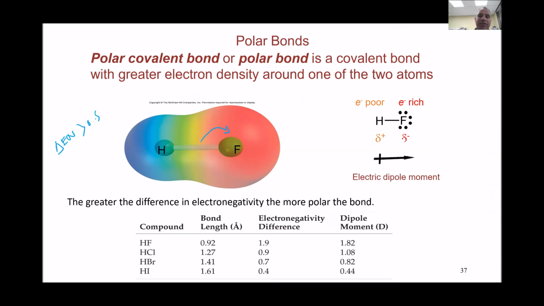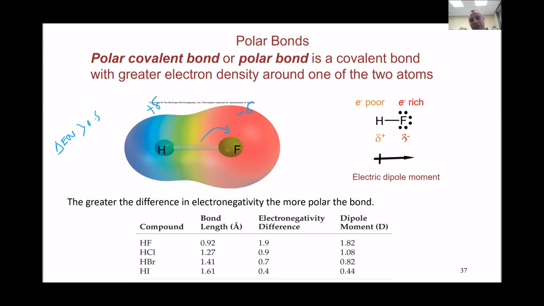And as a result, the more electronegative atom will be electron rich, or will have more electron cloud localized on it, that can be represented with a delta negative charge on it. And the less electronegative atom is going to have less electron density, or will exhibit partial positive charge on it.